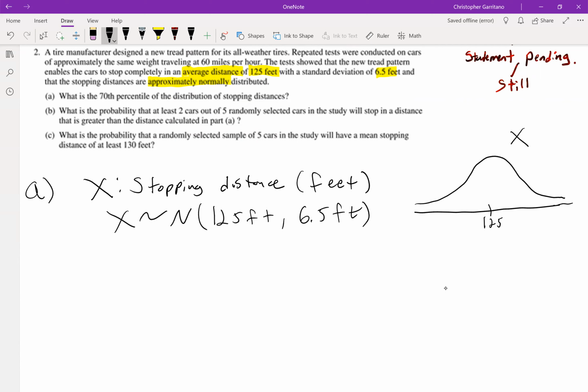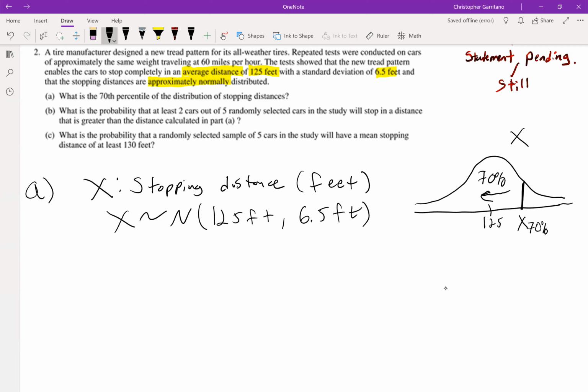But of course, there will be some cars that stop below that, some cars that stop above that. What we want is the 70th percentile. We're looking for, and the notation would be X subscript 70%, the car whose stopping distance is greater than 70% of all other stopping distances.